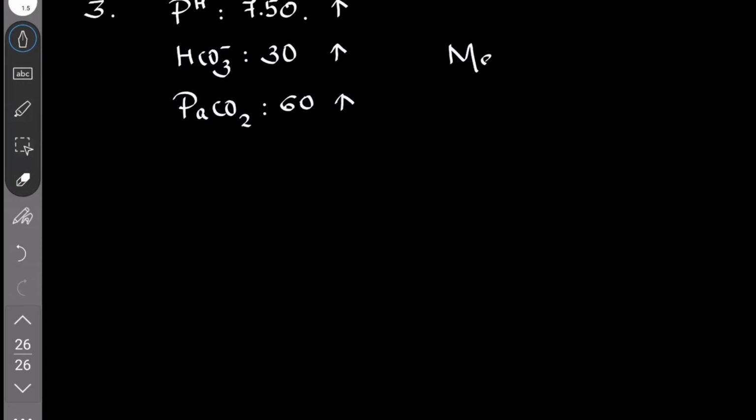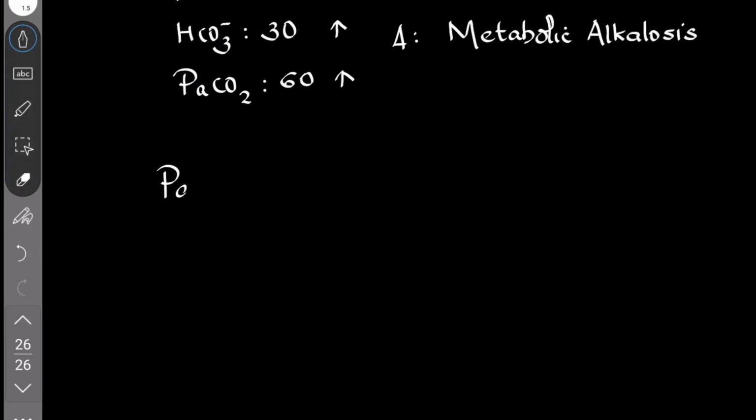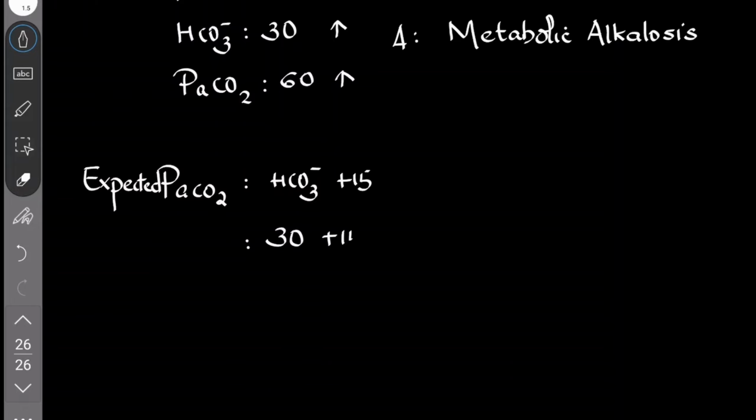So you tell it as a metabolic alkalosis since the pH has increased. Is it compensated? For metabolic alkalosis, we check the expected PaCO2, which is bicarbonate plus 15. So 30 plus 15, it could be 45.